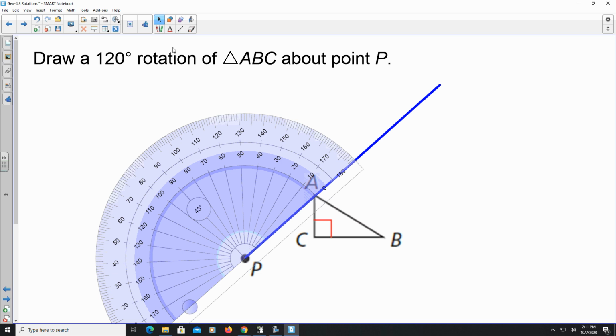So there's 90, so 120, I would say, is right about there.